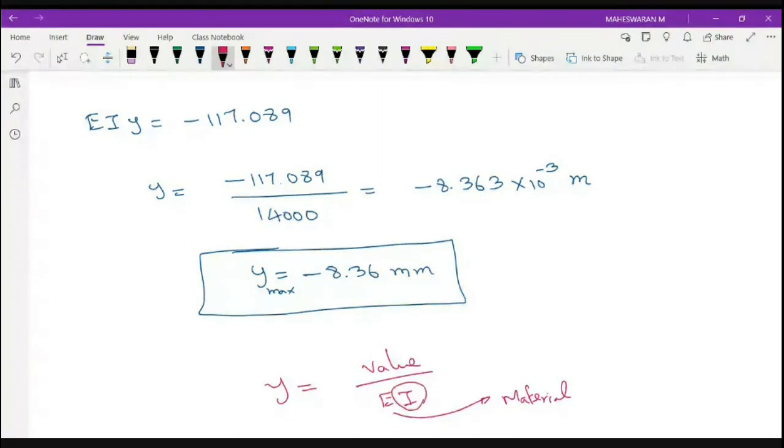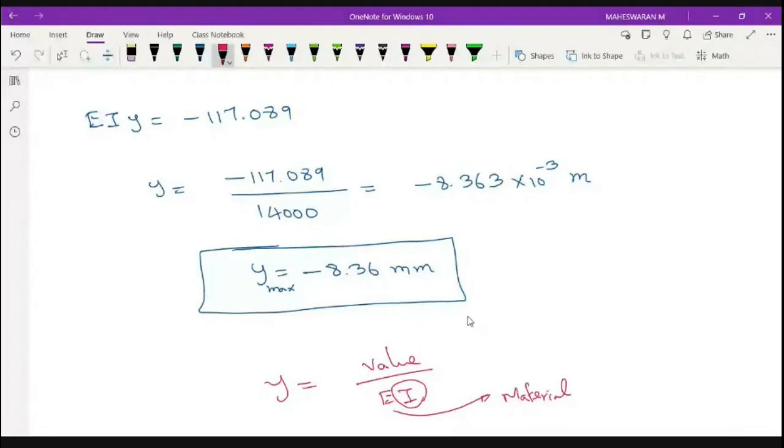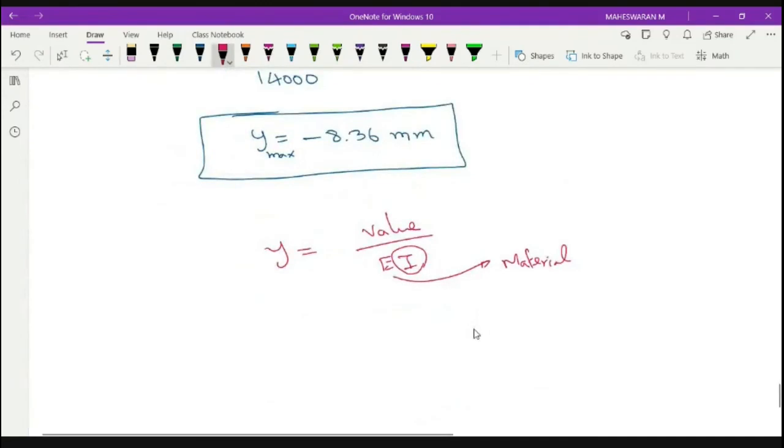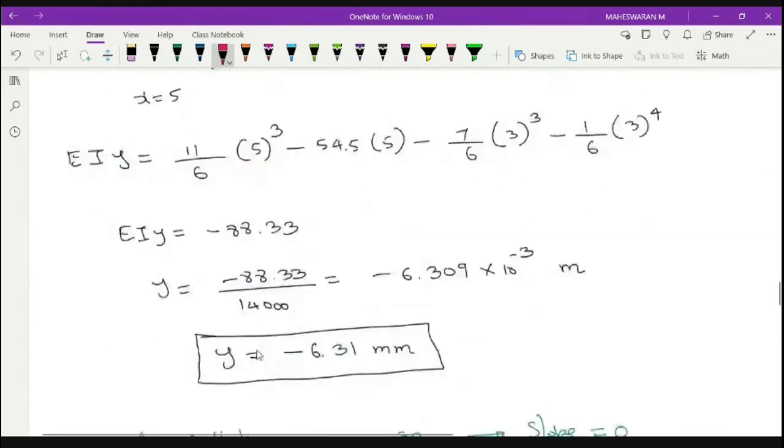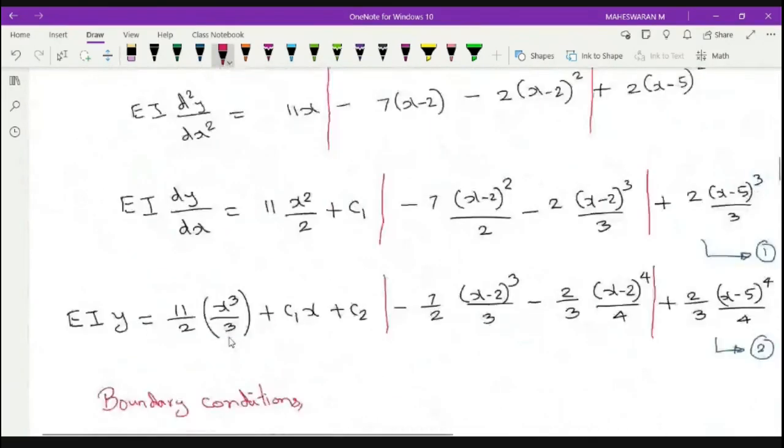I is the cross section. So it depends on how much the cross section is. Okay, how to suggest this? Okay, so you know what is the value. So what is my y? What is my limit of my y? My y limit is minus 7 mm.